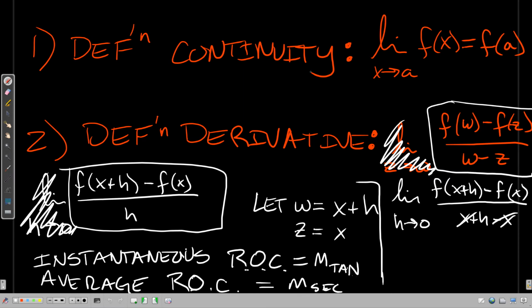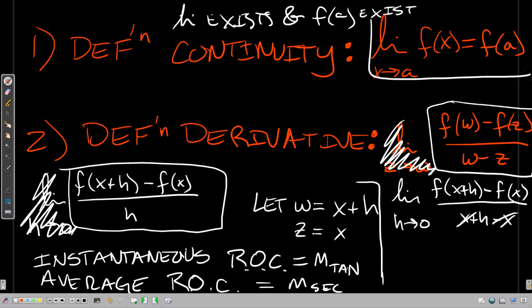If I was asked to state the definition of continuity, I would at least be writing down this. But if you want to be absolutely correct, you would have to say that the limit exists and f of a exists. They both need to exist. And then finally, if they both exist, they must also equal each other.